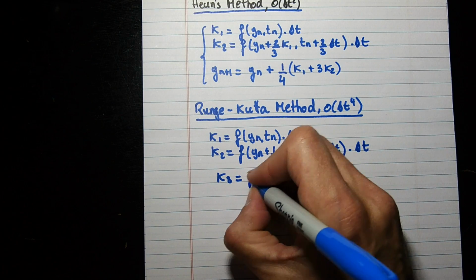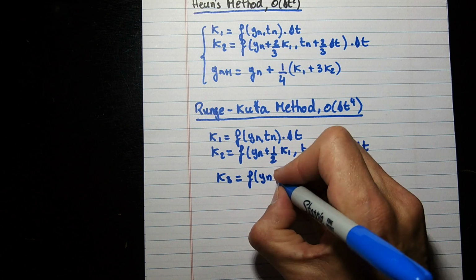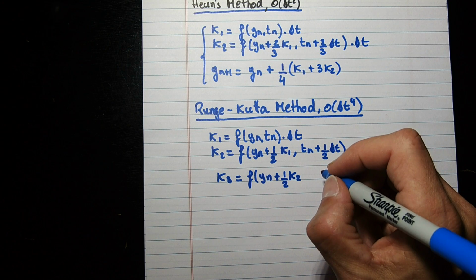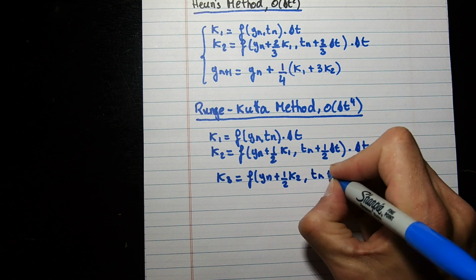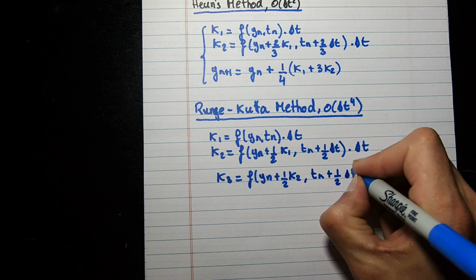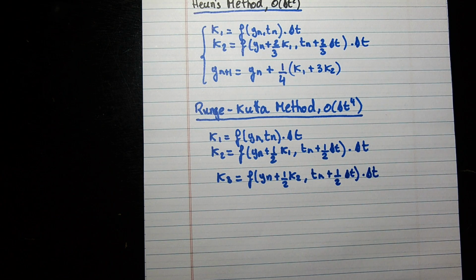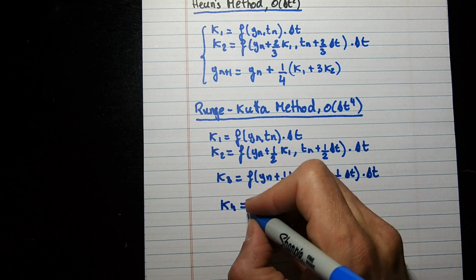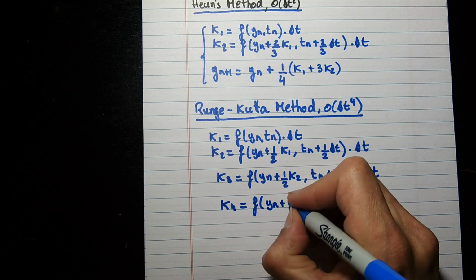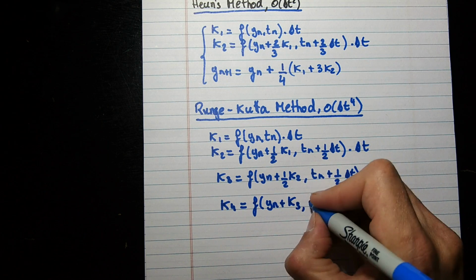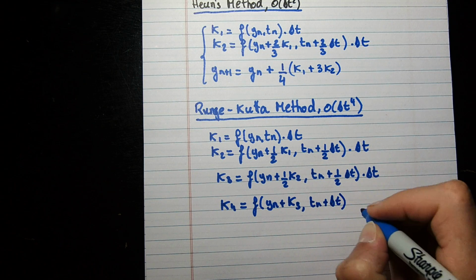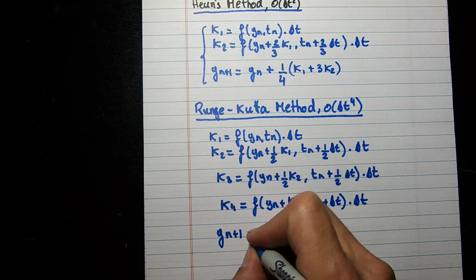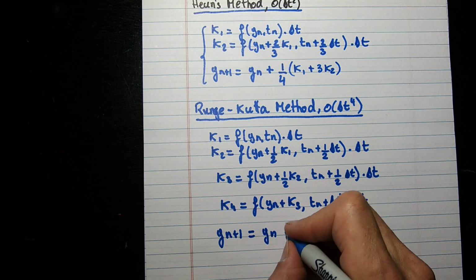K3 is equal to f of y sub n plus again 1/2 of this time K2 at t sub n plus 1/2 delta t, times delta t, and K4 will be equal to f of y sub n plus K3, at t sub n plus delta t, times delta t.